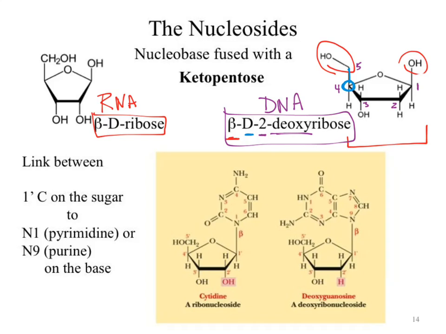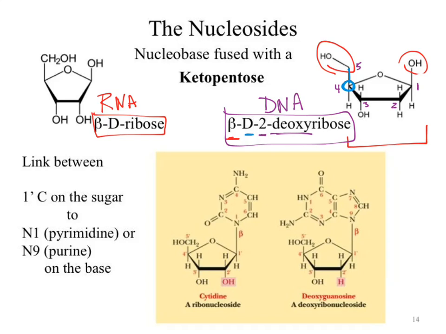The linkage between the sugar and your nucleobase is going to be at your first carbon on the sugar. So we're looking at attaching to the anomeric carbon, and it's going to go to either the first nitrogen in your pyrimidine or nitrogen number 9 if you're looking at your purines.